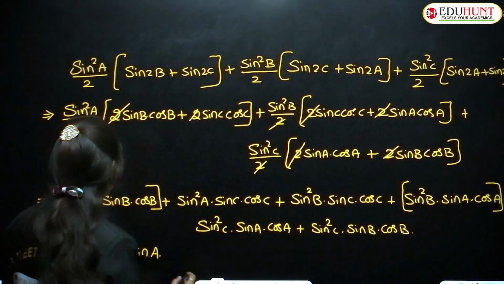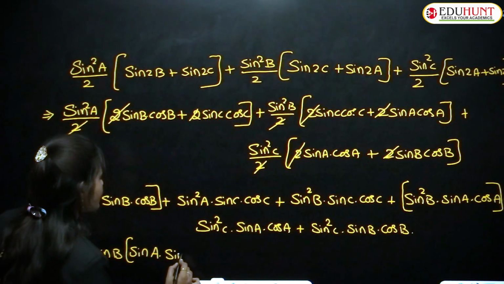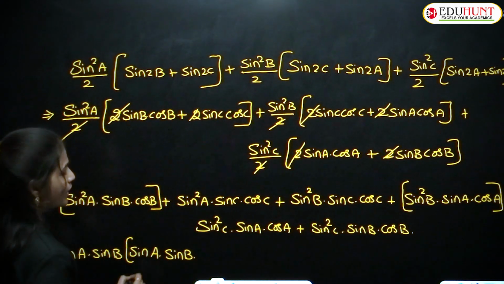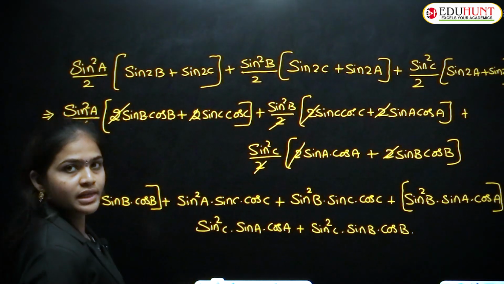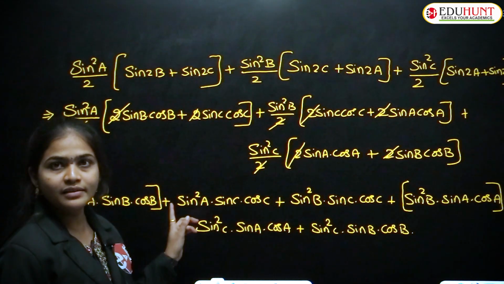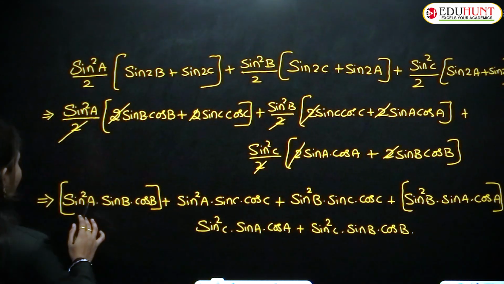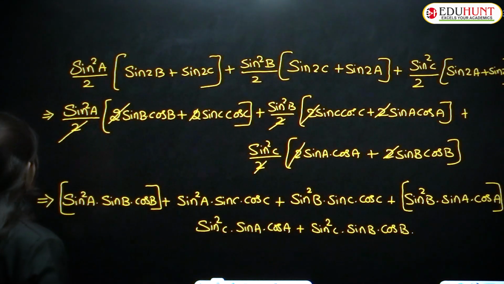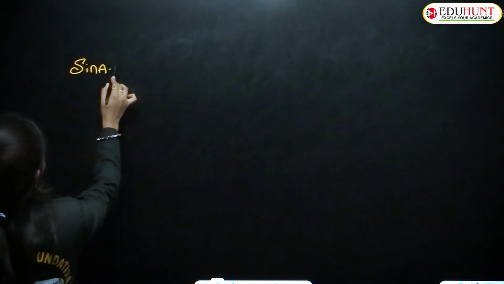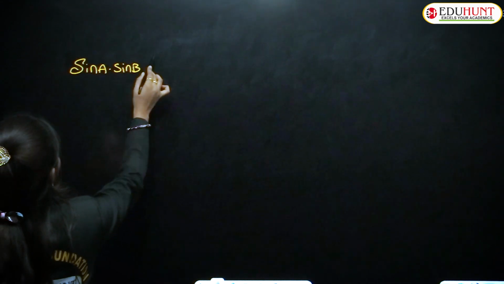So that's why one time we can write that. So that is sin b. And here cos b, there cos a is there. So children, from those two terms here we can take sin a and sin b in common. Yes or no? So sin a into sin b, take this as common.